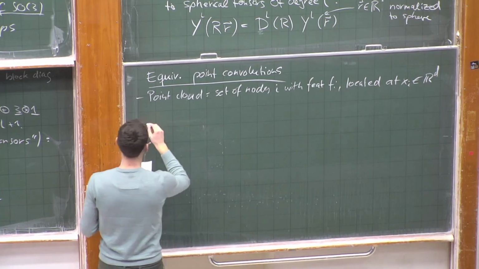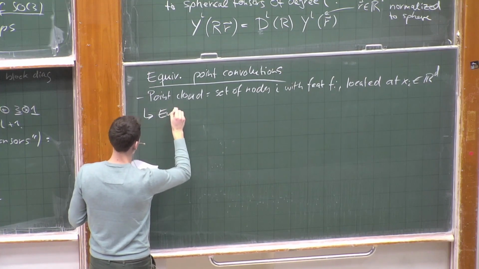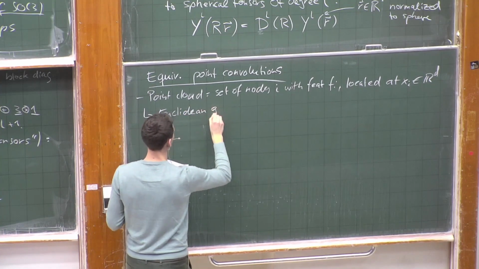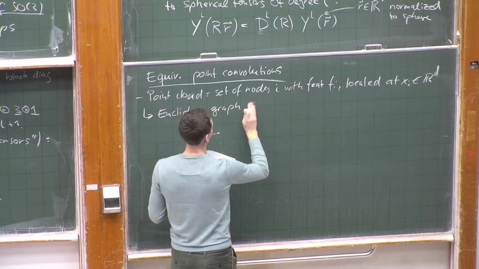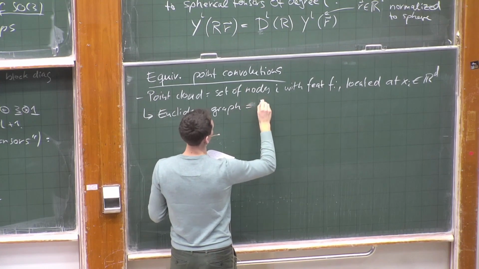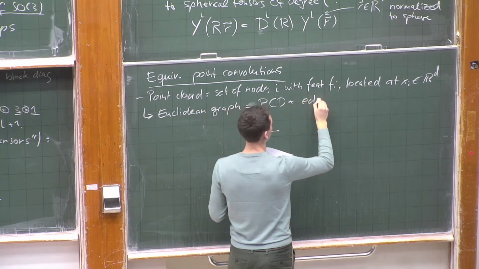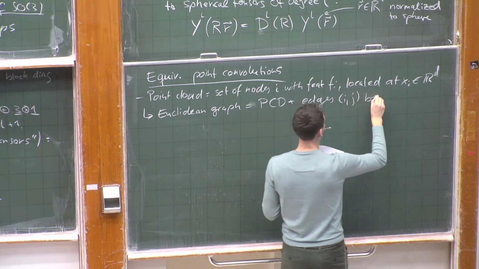And then a Euclidean graph would be a point cloud plus edges ij between nodes.